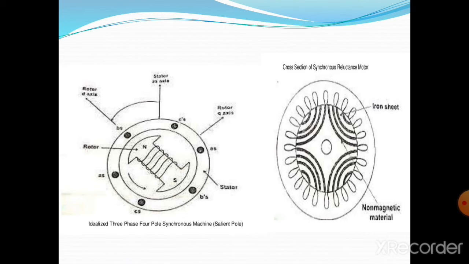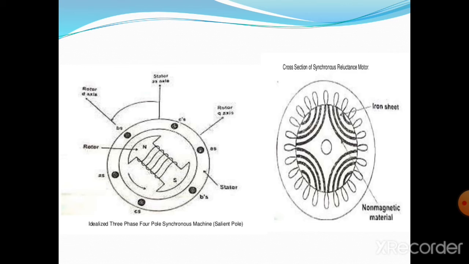D is the direct axis and Q is the quadrature axis. The two-phase stationary reference frame variables DS and QS are then transformed into a synchronously rotating reference frame, which is DE and QE.